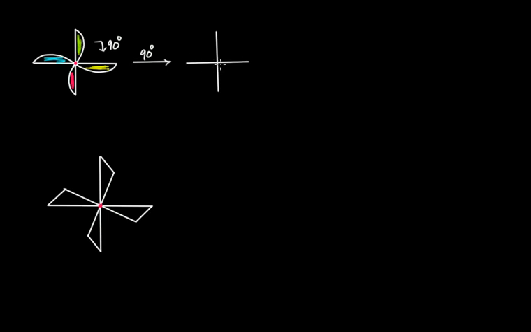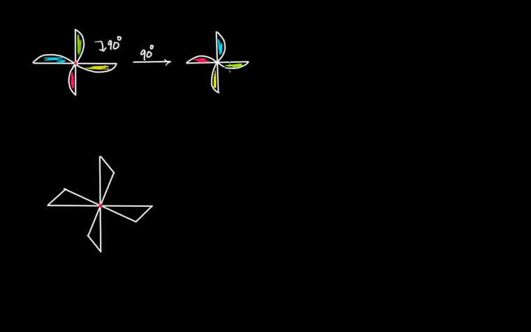So when you rotate by 90 degrees, this green one will come here, this yellow will come here, this red one will move here, and this, I don't know what color it is, so let this be blue only. So this comes here.